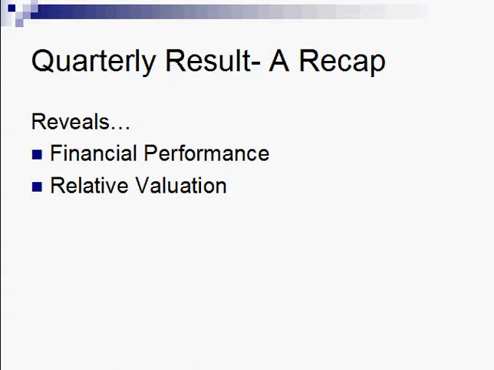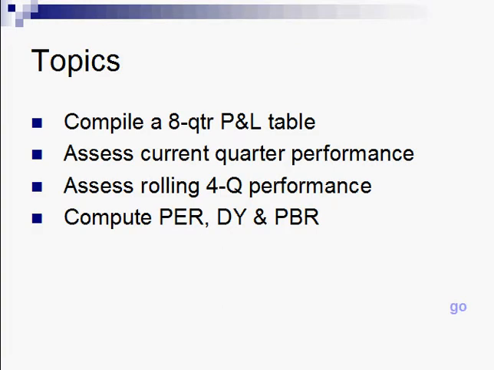So for this segment, I will share with you how to compile an 8-quarter profit and loss table, and once you have done that, how to use it to assess the current quarter performance, and also to assess the rolling 4-quarter performance.